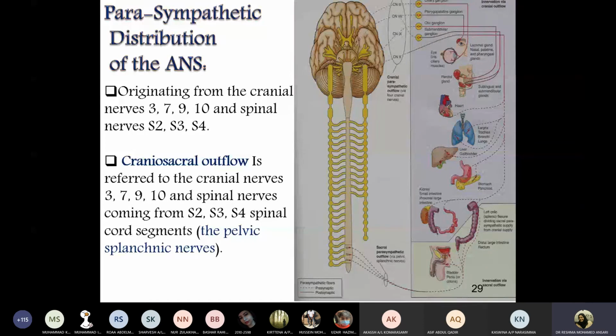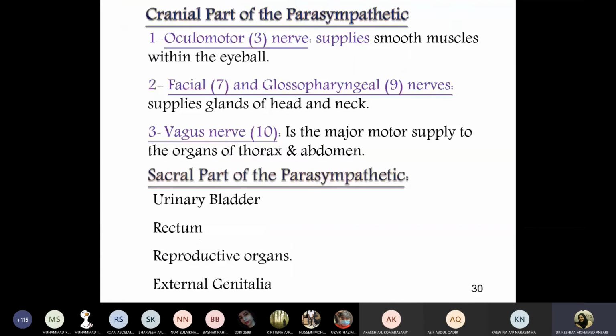Yes, doctor. Okay, so remember this: sympathetic, thoracolumbar; parasympathetic, craniosacral outflow. The cranial part of the parasympathetic, I said, is 3, 7, 9 and 10. It's not essential for you to know the names of the nerves now.